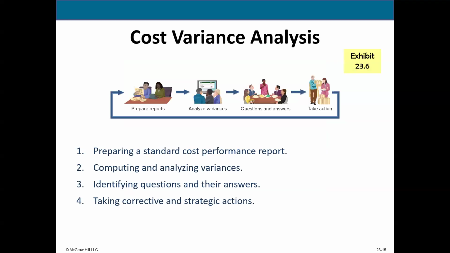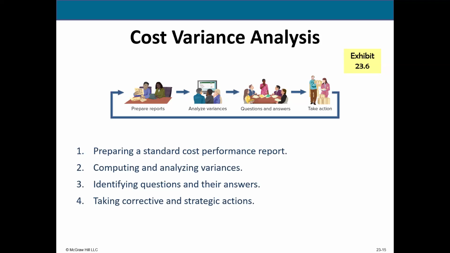So for us to be able to calculate our variances, we need to understand the physical flow, right? Just like we do with anything else, we look at the physical flow. So we go through this process. The first step is to prepare the standard cost performance report. So we compute our standard costs, first thing we do. Second thing is we compute our variances and we analyze them.